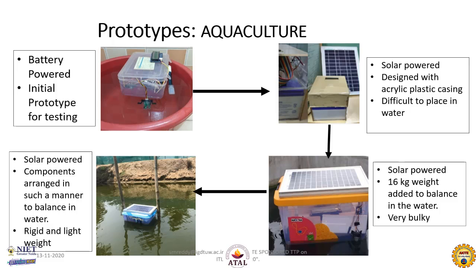Three other nodes were working and one node was not, because it was not getting sufficient battery backup. There was a tree shade stopping the sun from falling on the surface of the solar panel. As a result, sufficient energy storage was not happening.